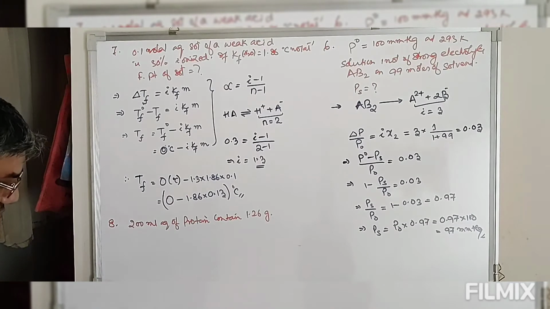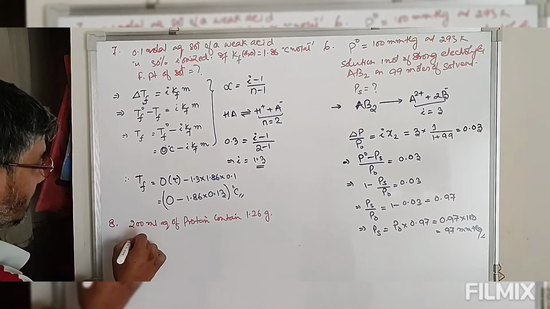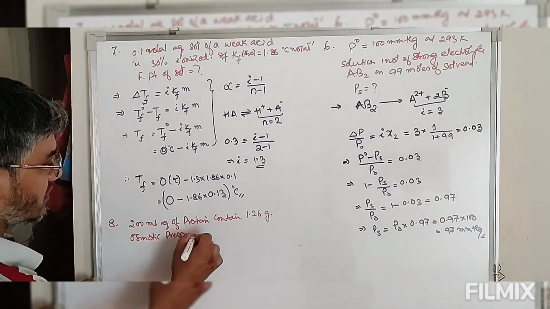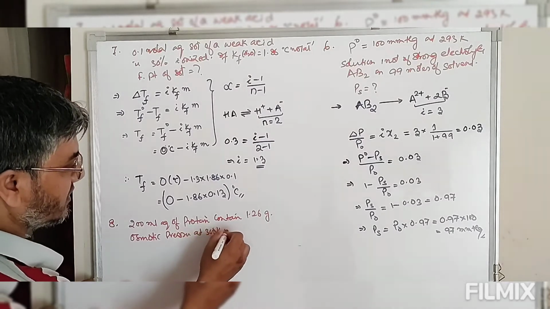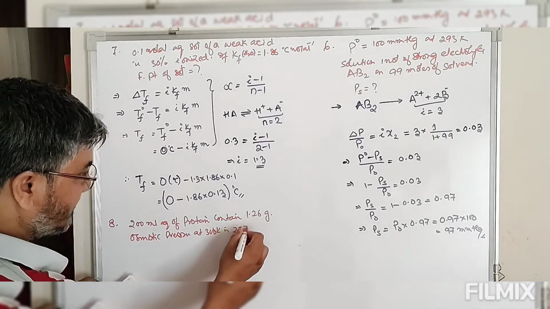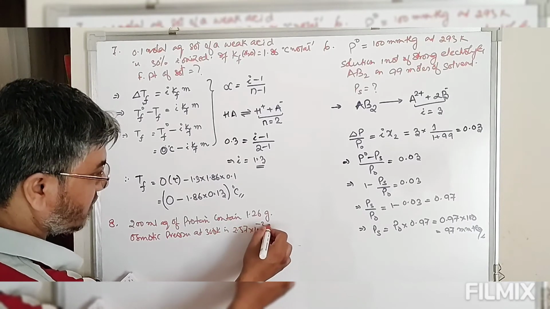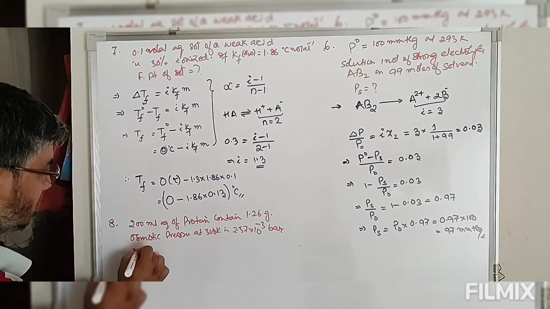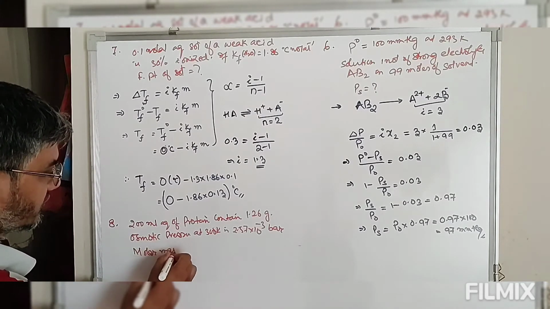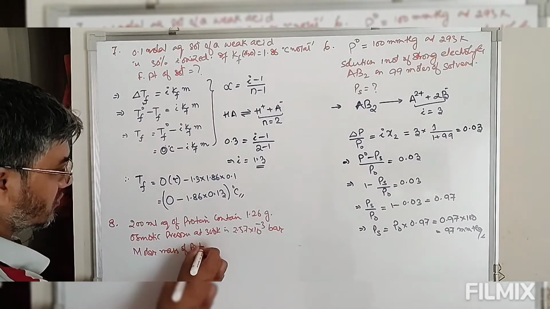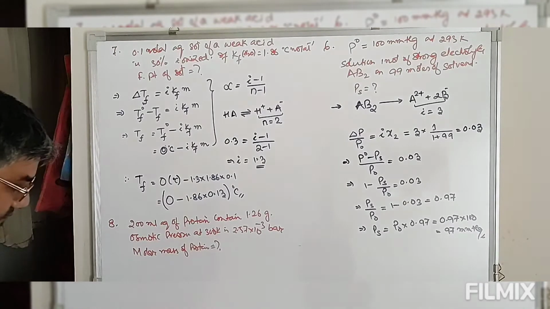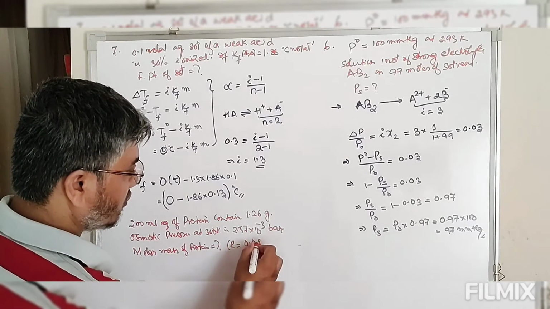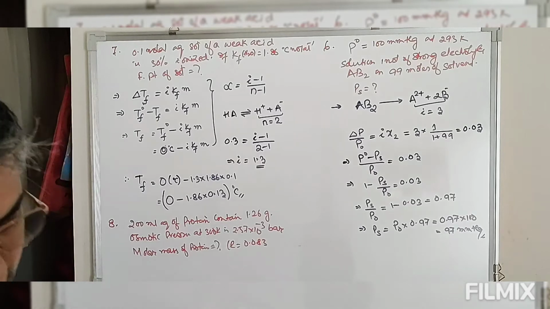The osmotic pressure of the solution at 300 Kelvin is found to be 2.57 into 10 to the power minus 3 bar. What is the molar mass of the protein? Given the value of R is 0.083 bar liter per Kelvin per mole.